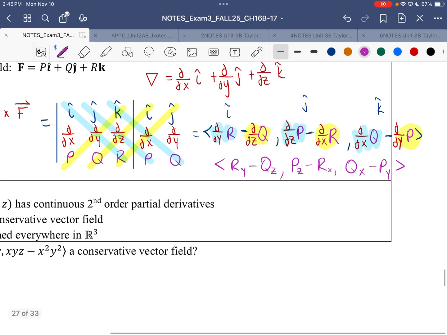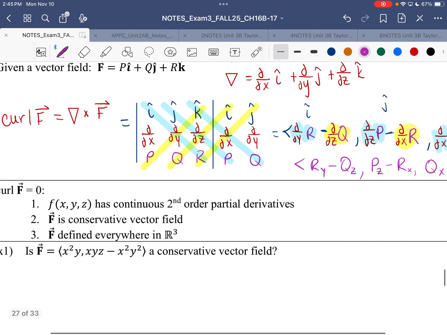That's what the curl is trying to do: set up a determinant where you're taking the partial derivatives of the vector field. And your curl is talking about the rotation of the vector field at a certain point.